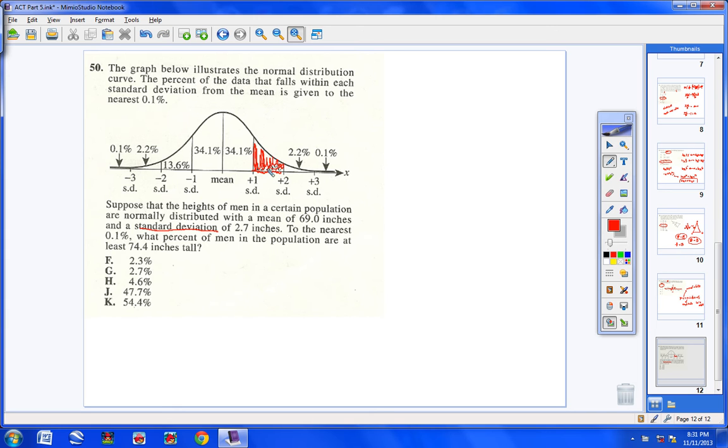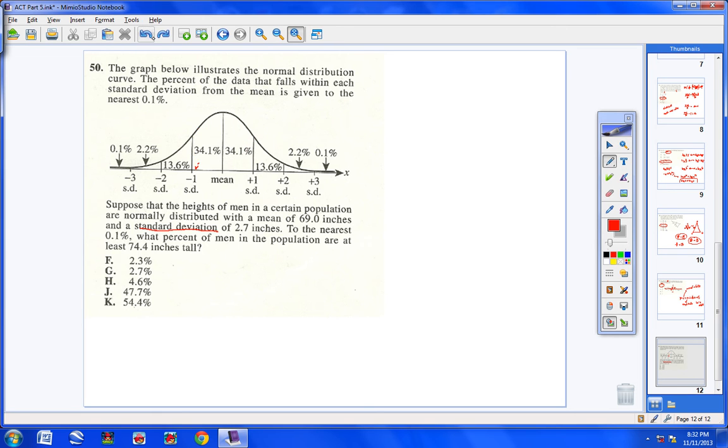Because think about it, people are not going to either be 69 inches or add 2.7, 71.7. There's going to be a gradual increase or decrease. So when it says one standard deviation is 2.7 inches, that means it starts to deviate here. Here's all the mean. This is all the average people right here. Their average height is 69.0.